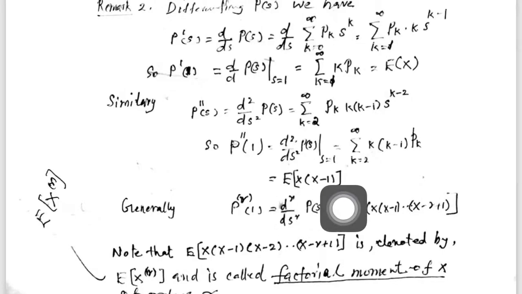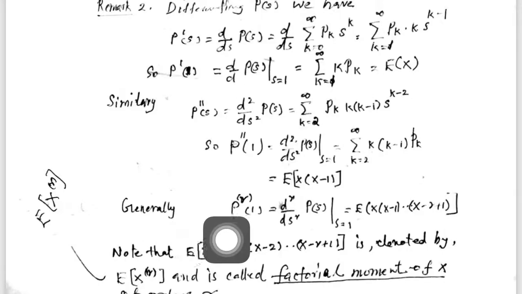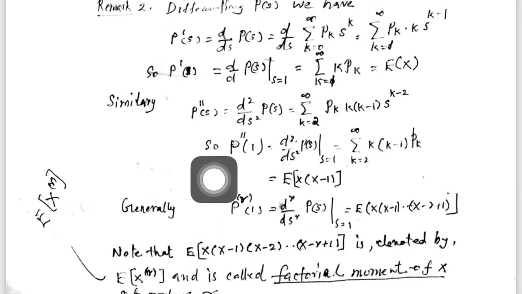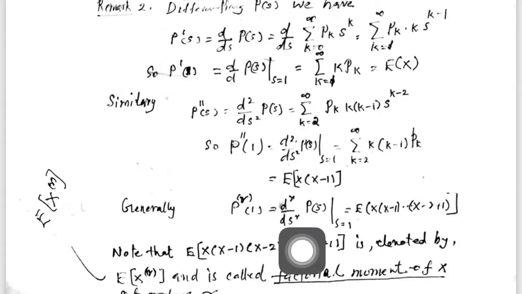Of course you can generalize this. You can take the third derivative, fourth derivative, etc., the rth derivative, and evaluate at s is equal to 1. That is d^r by ds^r, finding the rth order derivative of P of s and evaluating at s is equal to 1.